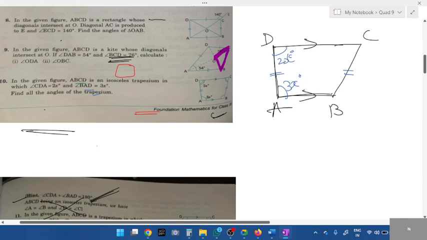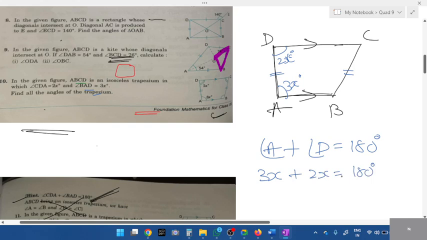If top and bottom, which two angles will be equal to 180? Which two are adjacent? A and D. Remember, A and B will not be adjacent. A and D are adjacent. So what do you have to write? Angle A plus angle D is equal to 180. What is angle A? 3x plus 2x is equal to 180.